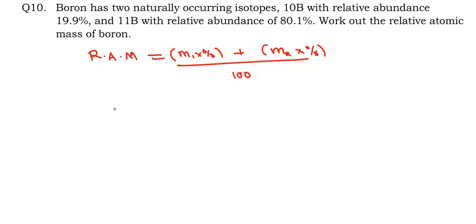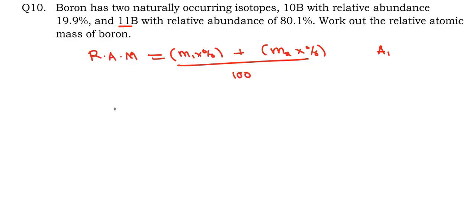In some cases, instead of M1, you'll find A1. It's one and the same. M1 and M2 are the masses, 11 and 10 here.